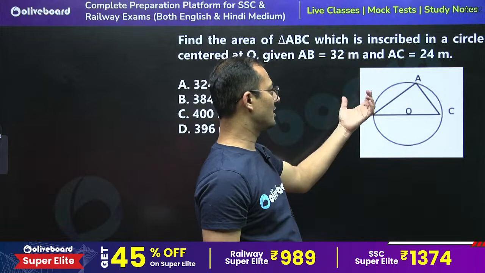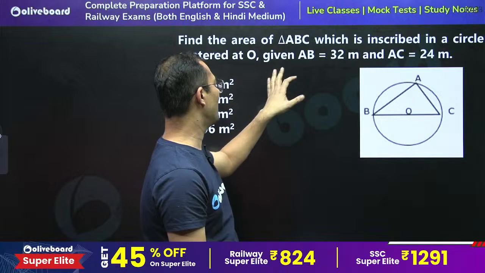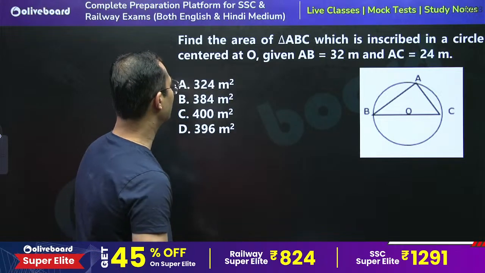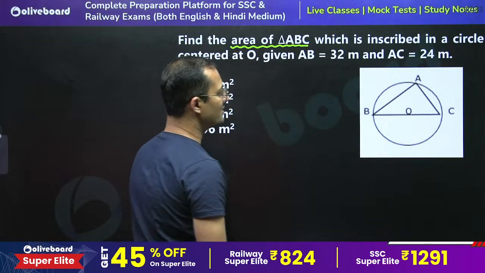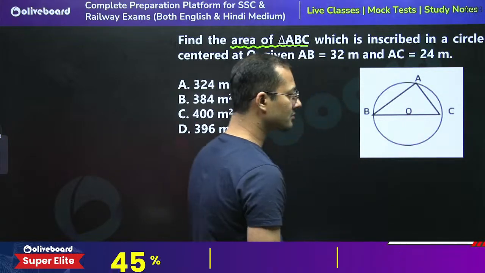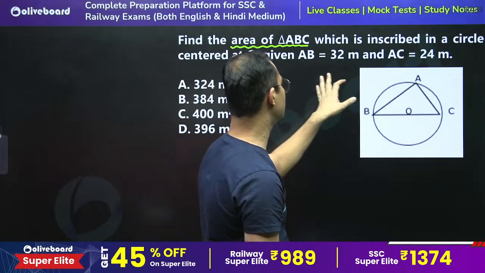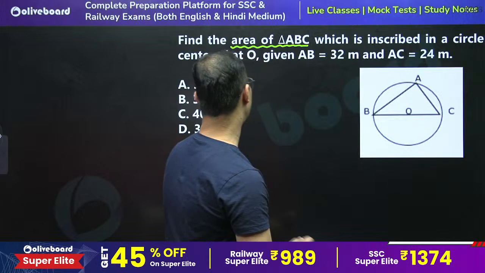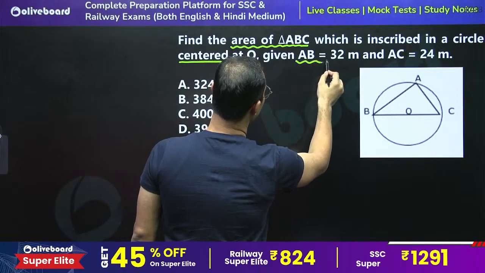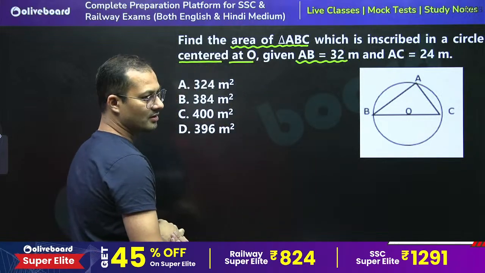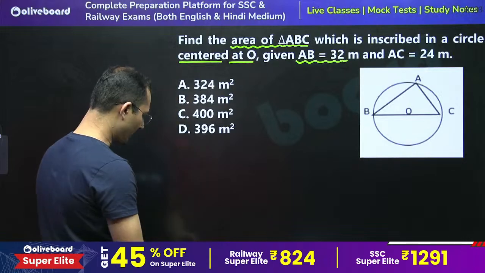Now moving to the next question. Tell me what is the answer of this question. Yes, find the area of triangle ABC which is inscribed in a circle centered at O, given AB is equal to 32 meter and AC is equal to 24 meter, right?